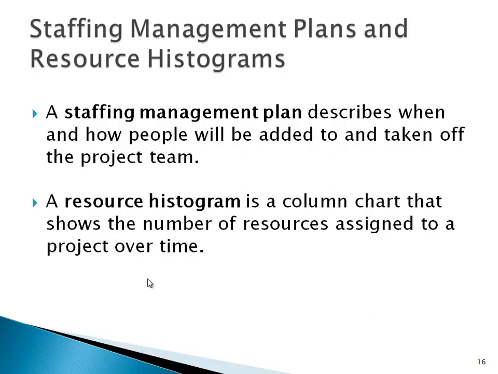The staffing management plan describes when and how people will be added to and taken off the project team. And as we said before, at the beginning of the project, you have different types and a different number of people associated with the project, and either this number will increase or will decrease over the project life cycle.